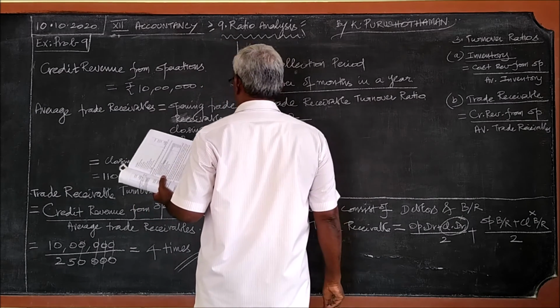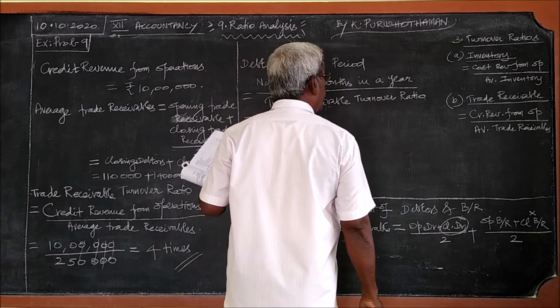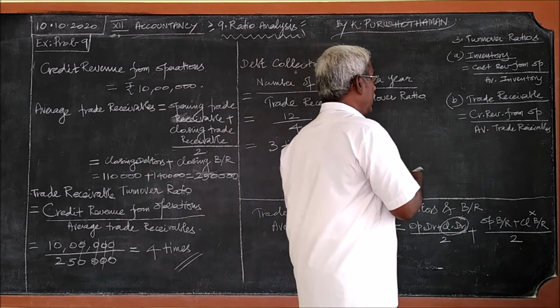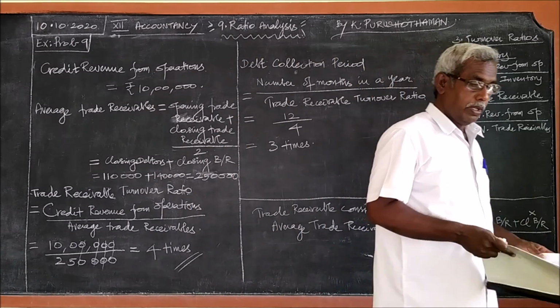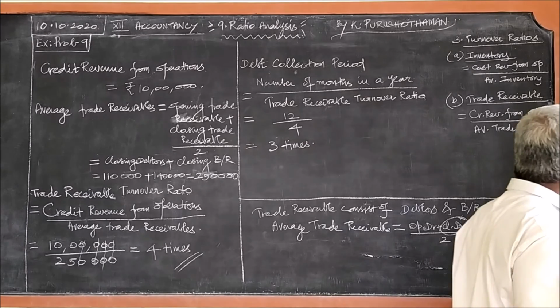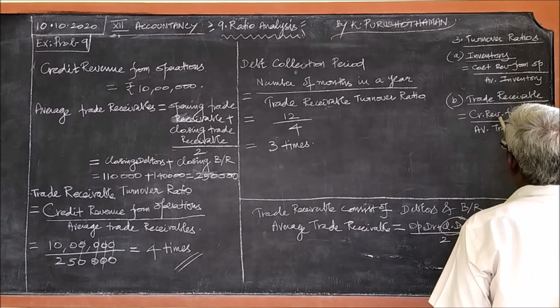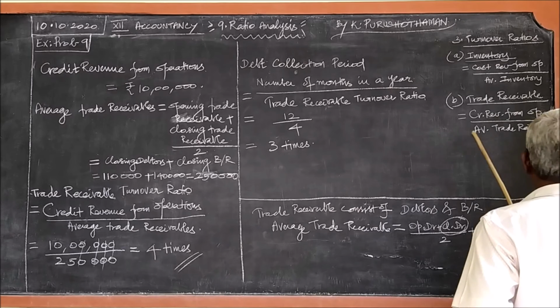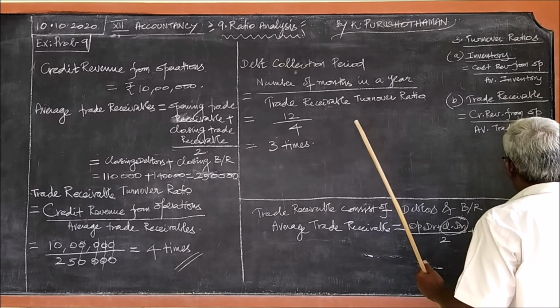So this was the model problem, and under turnover ratios we have seen there are 2 types. One is the inventory turnover ratio, the other is the trade receivable turnover ratio. These are the 2 types we have seen so far. And under this, what is the assignment you must do today?